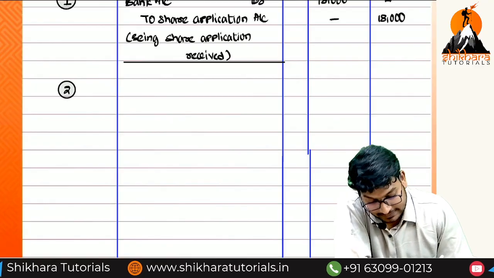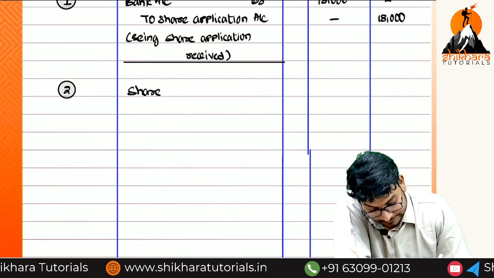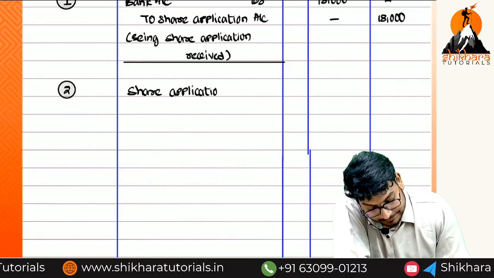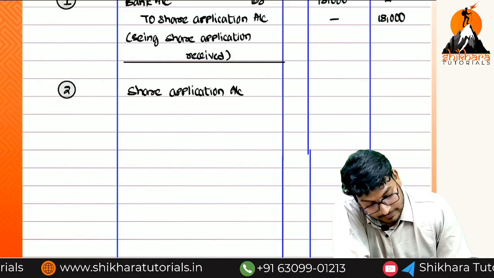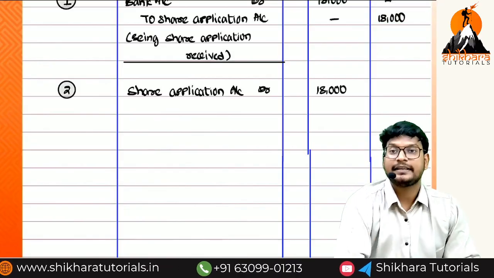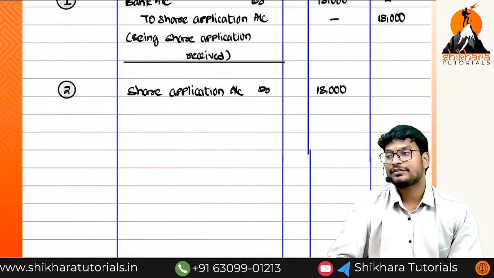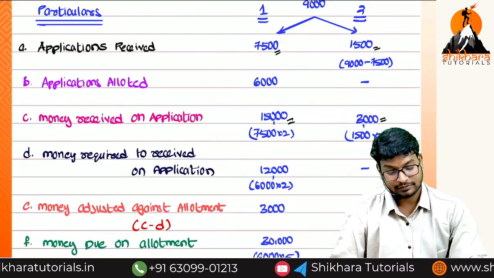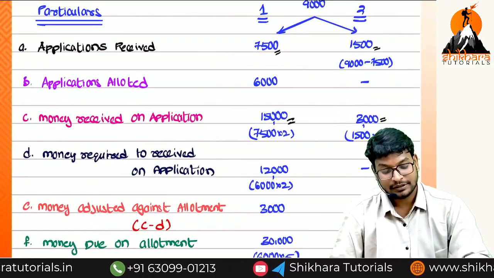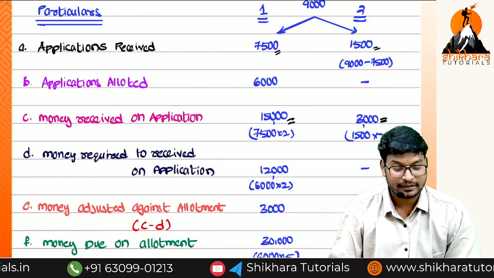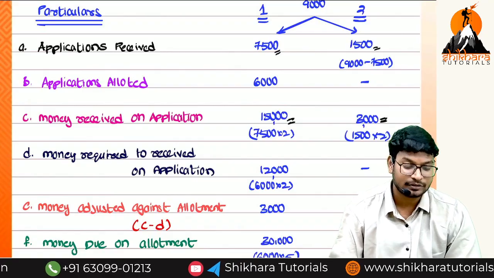Share application account debit. How much? 18,000. In this 18,000, how much amount do we have to transfer to the share capital? See this one, 15,000. Okay, how much amount are we going to reject? 3,000.